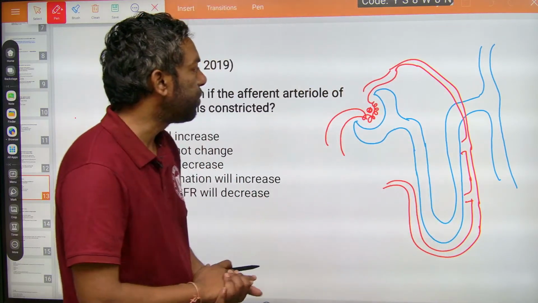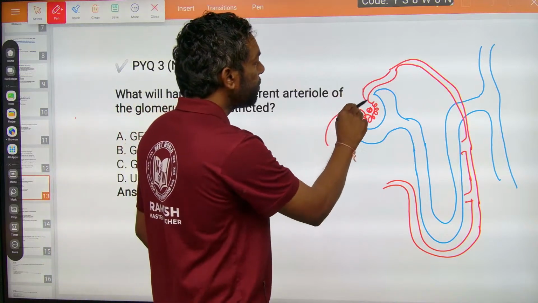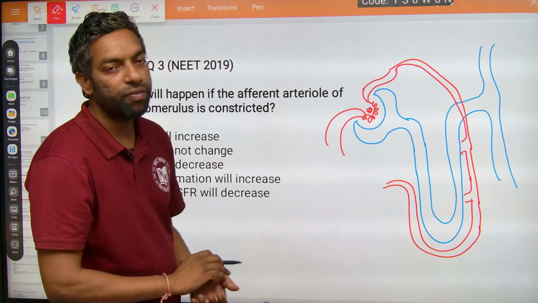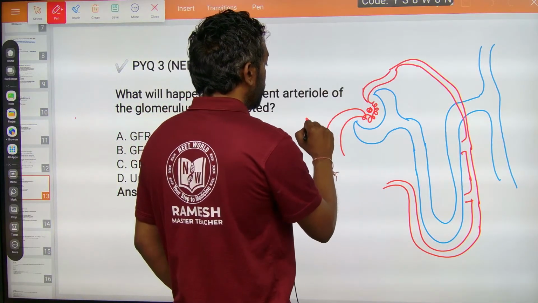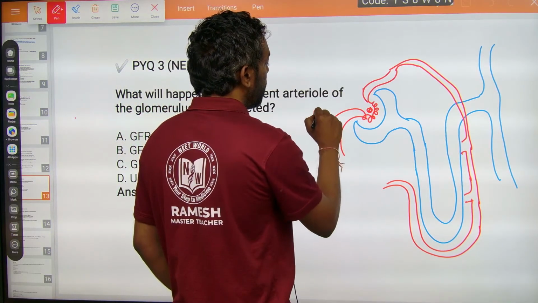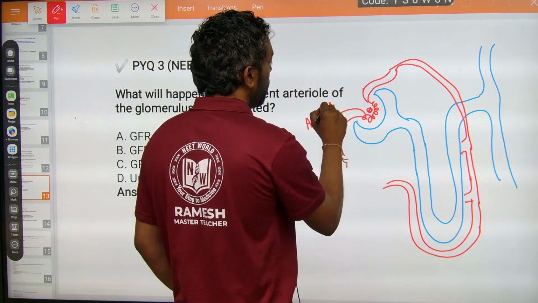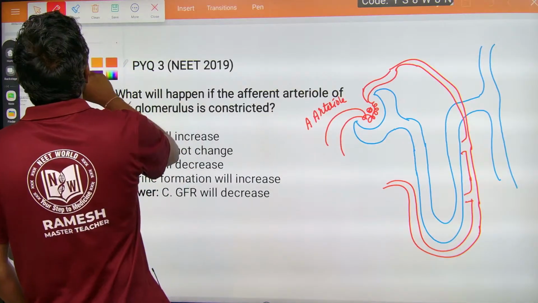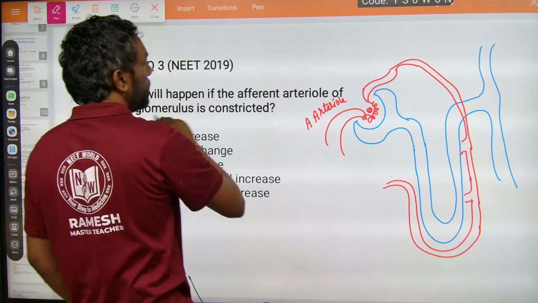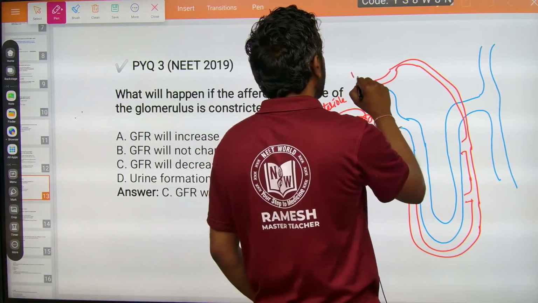Guys, just look here. This is the blood vessel, the arteriole, the efferent arteriole.